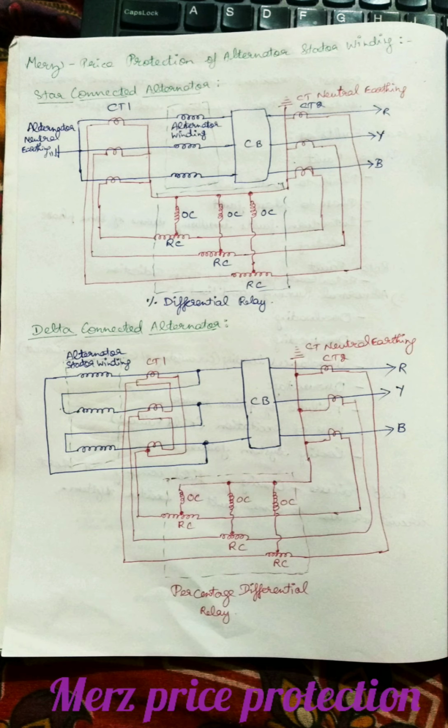Then the next thing is the relay output coil, which means the operating coil and the restraining coil. First check with the star connected alternator, in which the operating coil is in parallel with the restraining coil, which means the midpoint of the restraining coil is connected with the operating coil, and the operating coil is connected with the star pointing end of your CTs.